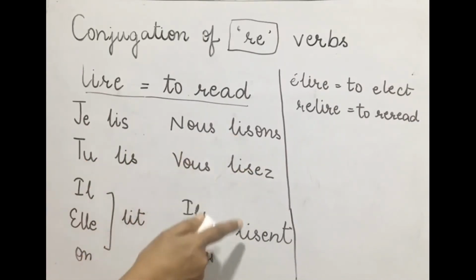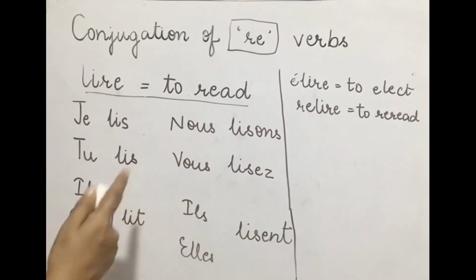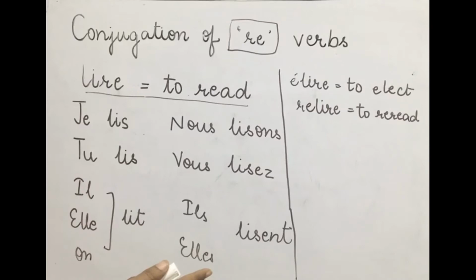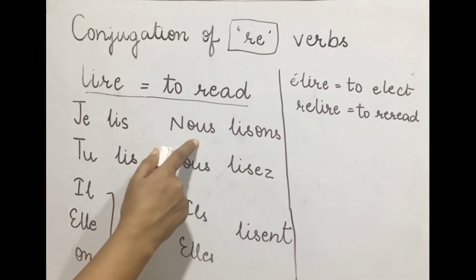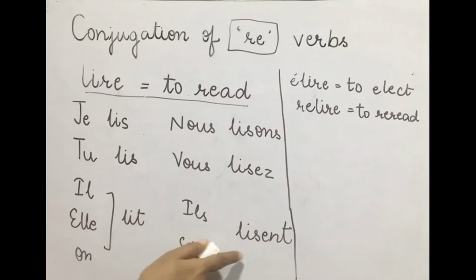Okay, so here this is a little bit different. So that is why this is not following the regular pattern. So we need to individually practice these irregular verbs. And this is important to practice conjugation because verbs are important. So it is nous lisons, vous lisez, ils, elles lisent.